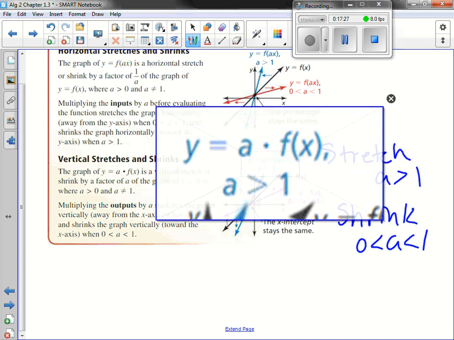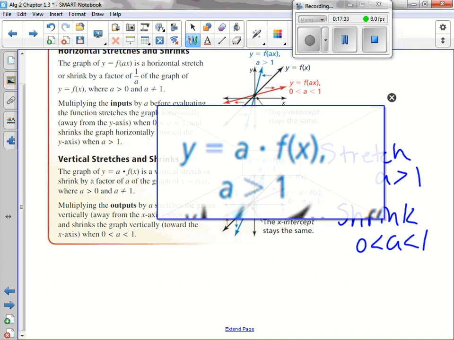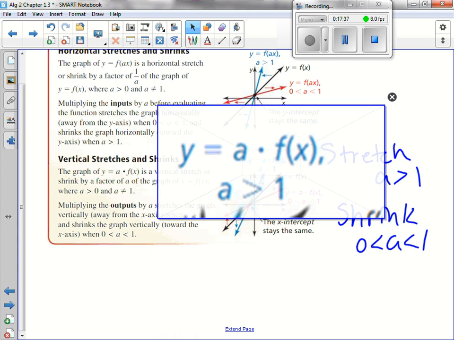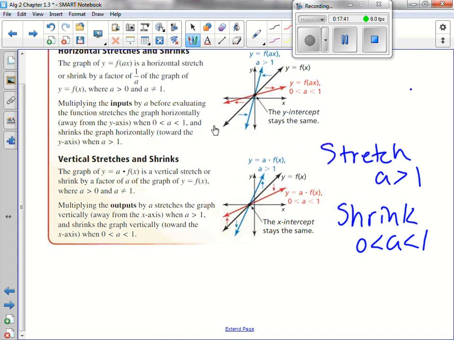We have a times f of x. And what I'm trying to show you with that is that we're going to multiply it by f of x. It doesn't matter if it's a stretch or shrink. We're multiplying the whole thing by whatever the value of the stretch or shrink is. And that's how we apply the stretch or shrink.